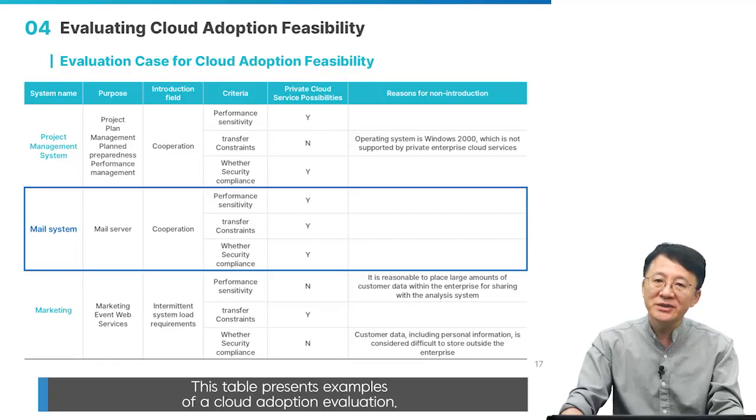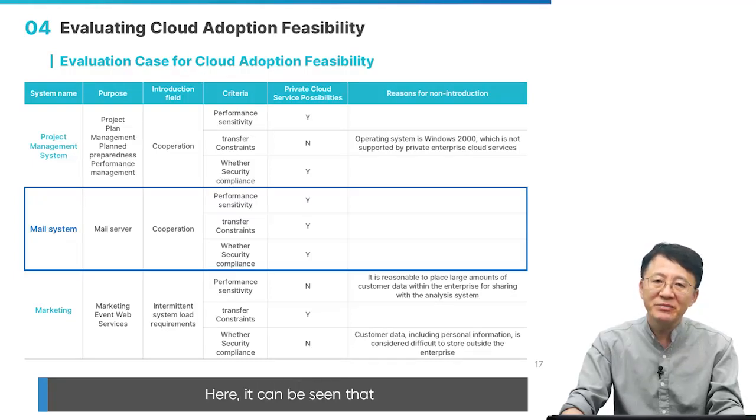This table presents examples of cloud adoption evaluations. 3 systems, namely the mail system, project management system, and the marketing system, were evaluated for cloud adoption feasibility.